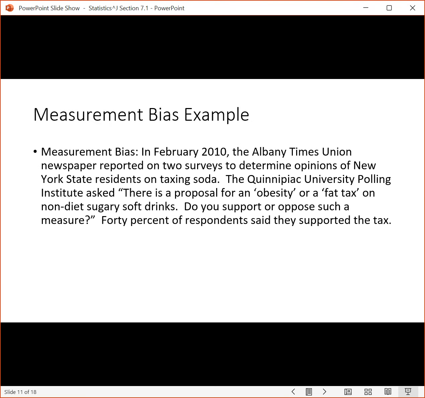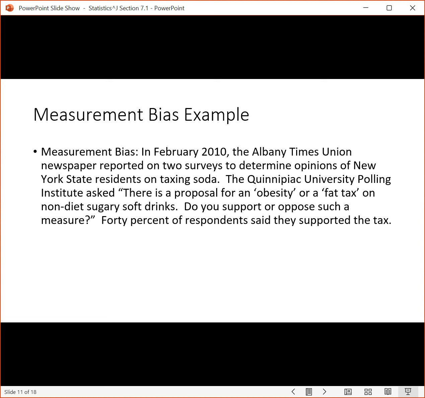All right, so let's look at some examples of each one of these so we can wrap our heads around them. I mean, the definition is kind of self-explanatory, but examples are really good here. In February 2010, the Albany Times-Union newspaper reported on 2 surveys to determine opinions of New York residents on taxing soda.